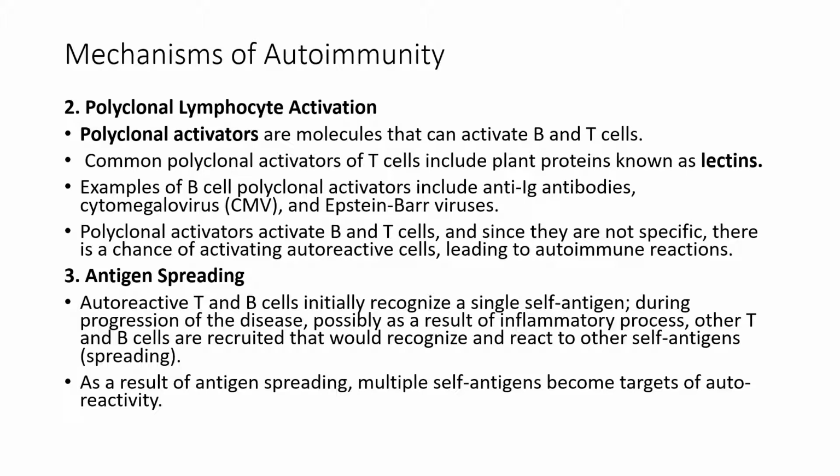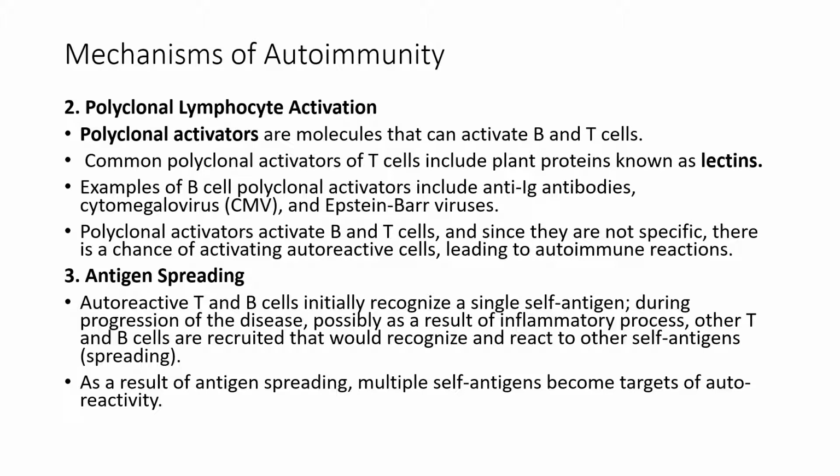The second one is the polyclonal lymphocyte activation. This can happen in CMV, Epstein-Barr, due to lectins, and they can activate our B and T cells, but they're not specific. They just cause damage.